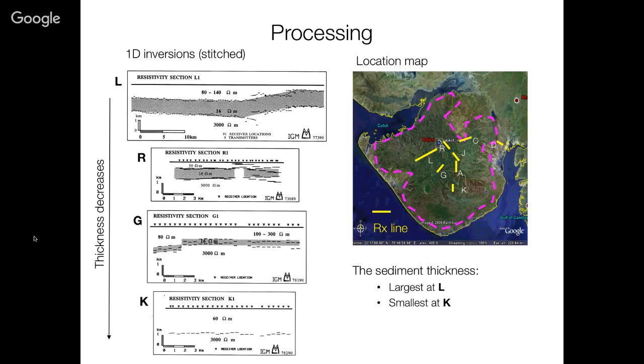I think the interesting thing about this is that prior to this LOTEM experiment being done, they had it reversed. People had thought that the sedimentary thickness actually increased towards the south. So that was a major outcome of this particular experiment.